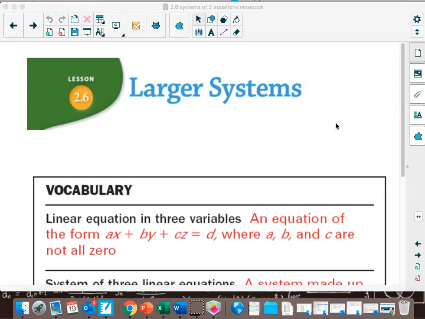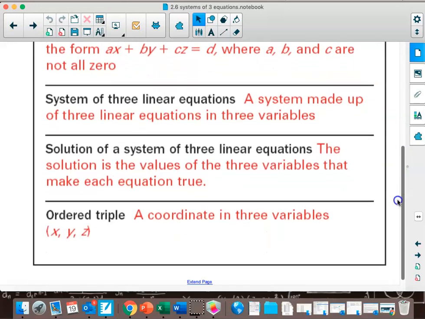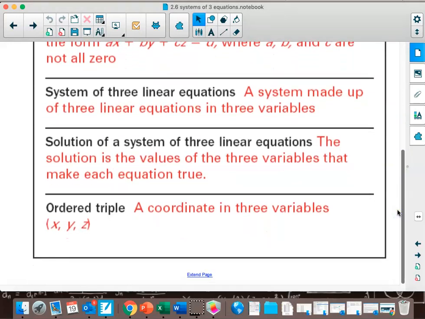So these are called linear equations, but the equations are not lines. Here's the thing: the most important thing that you're going to hear me say a lot today is ordered triple. The solution to a system of 3 equations, 3 unknowns, is going to have an x, a y, and a z. Because of that, your answer is not going to be an ordered pair.